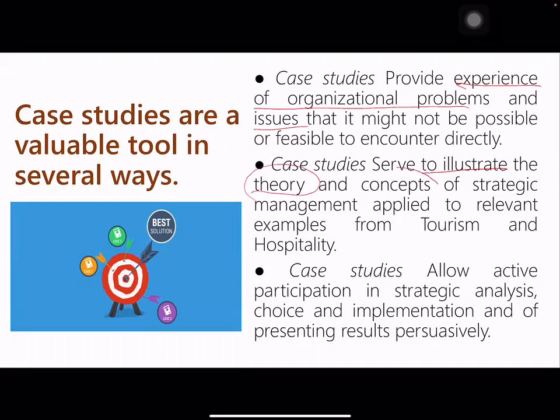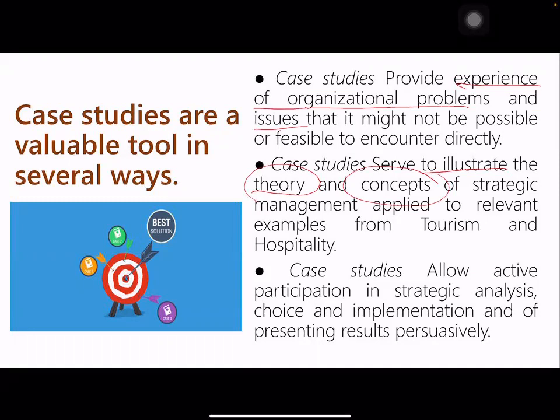These are important: the theory and concepts of strategic management that were actually applied to those industries that experienced those kinds of problems and issues. So the theories and concepts that they use, case studies will illustrate them for you.